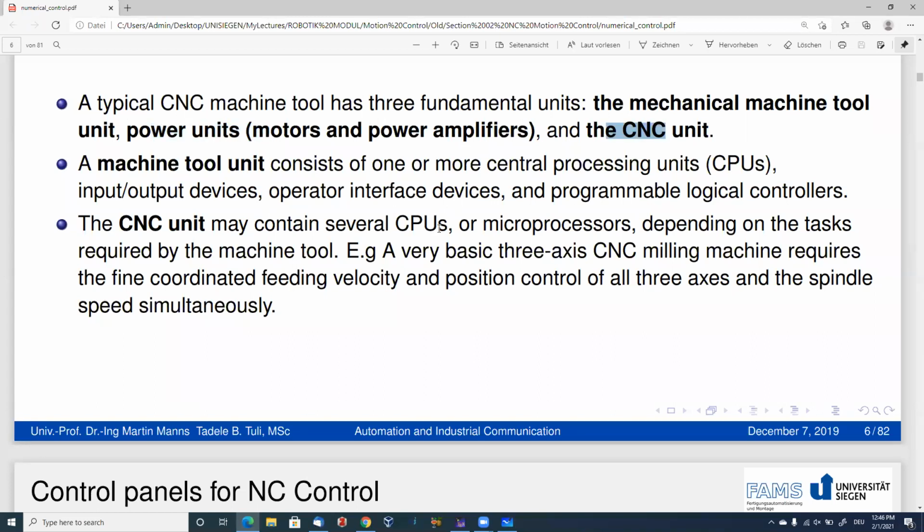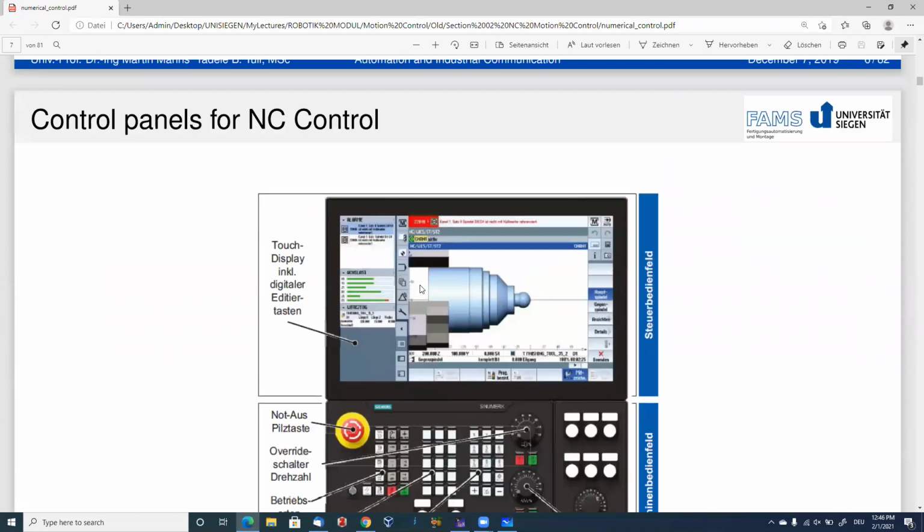The CNC unit has several CPUs, just like a computer, or microprocessors, depending on the tasks required by the machine tools. The standard CNC milling machine, for example, requires 3 axes and the spindle speed to be controlled.